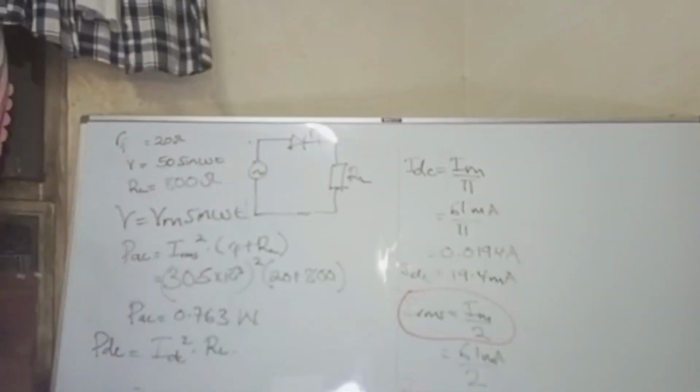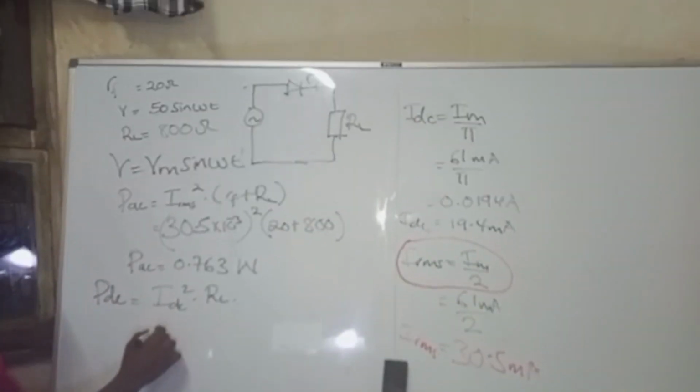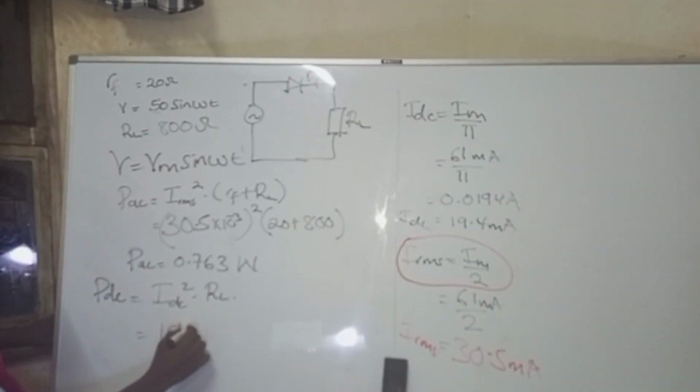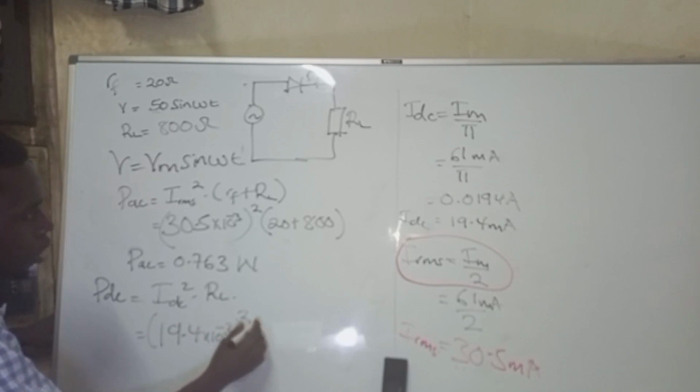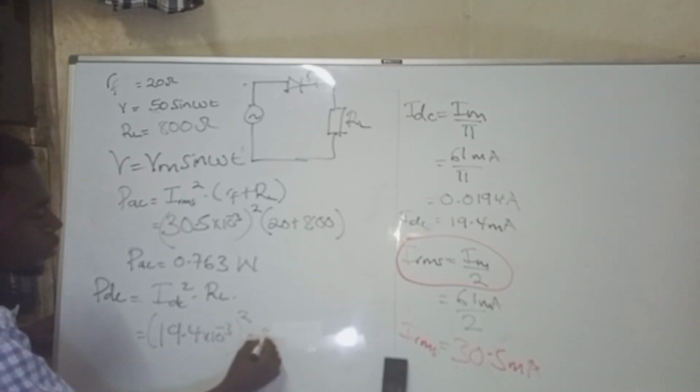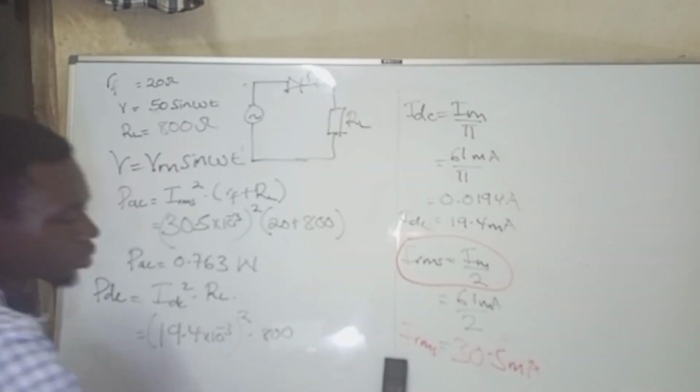We know our IDC, we got it as 19.4 milliamps. So this will be 19.4 times 10 to the negative 3, squared, times our RL. Our RL is 800.